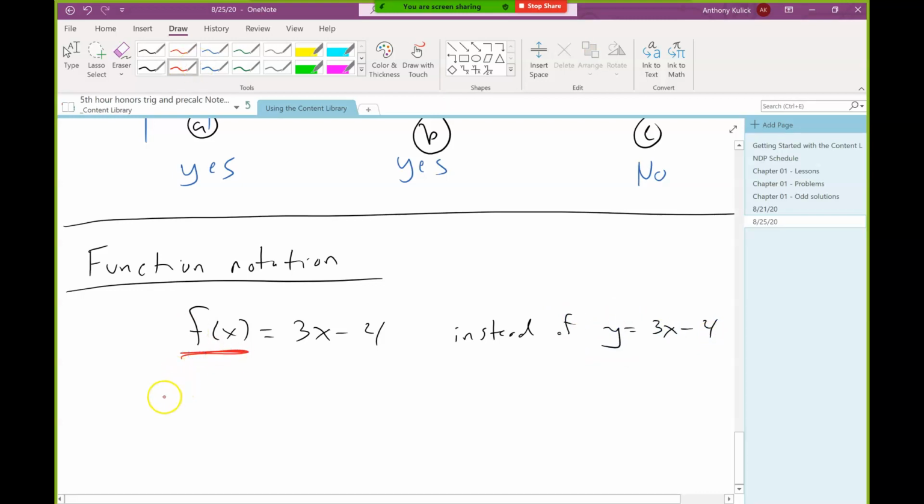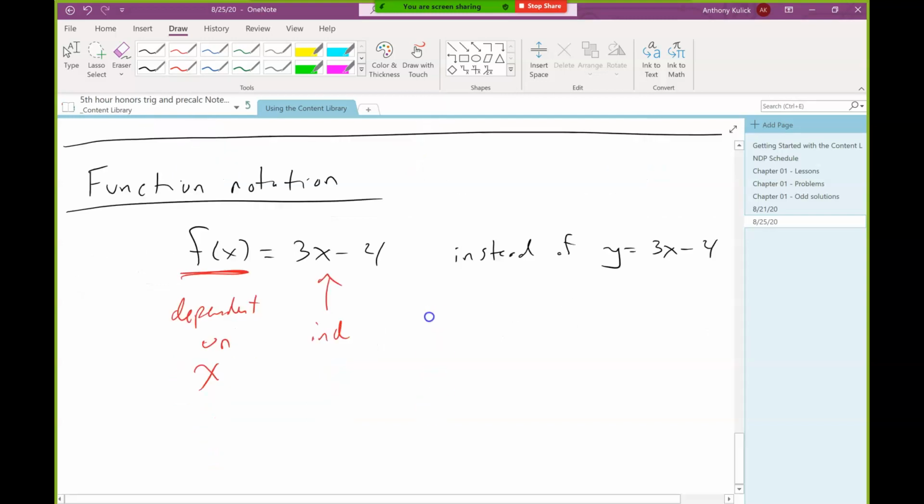Because now it's clear that f of x is dependent on x, so we can clearly see that x is the independent variable. There's no ambiguity anymore. Everybody okay with that?